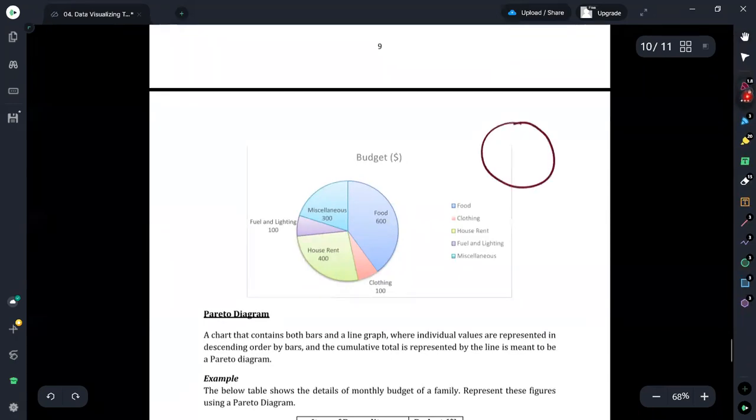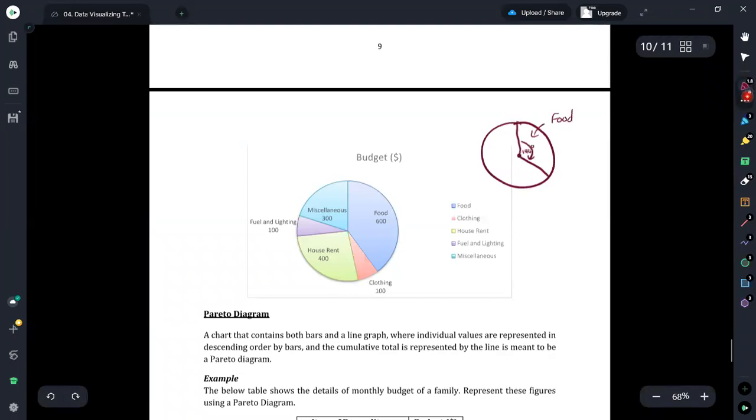Then I will start from here, from the center, this 12 o'clock line, which is the 0 degree. First we draw a line, and then we measure 144 degrees. Therefore this angle is equal to 144 degrees. Then we can name this as food.